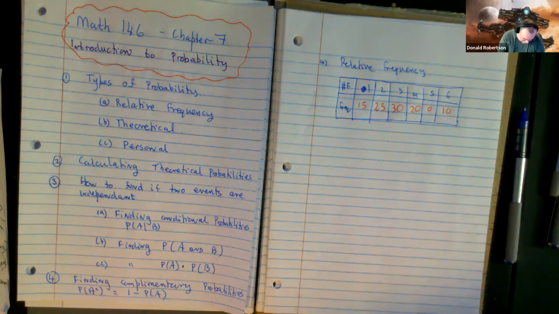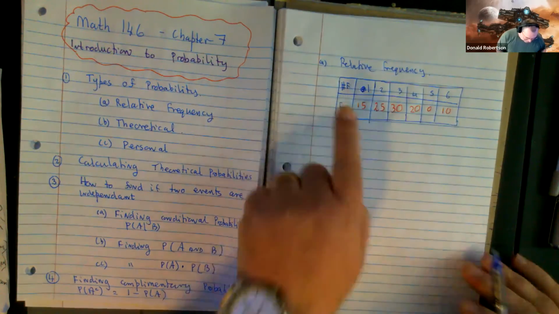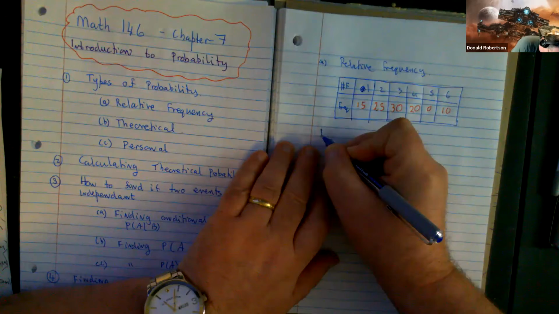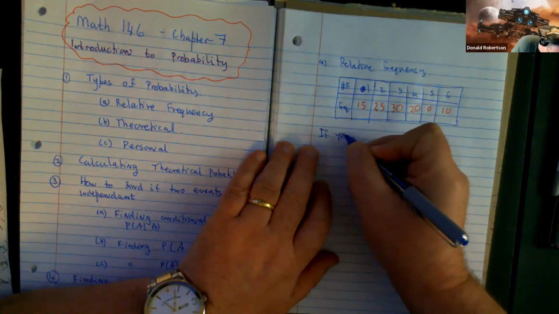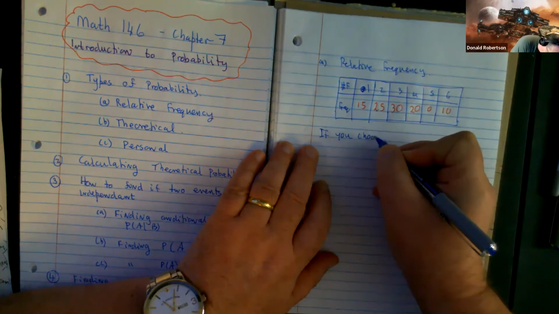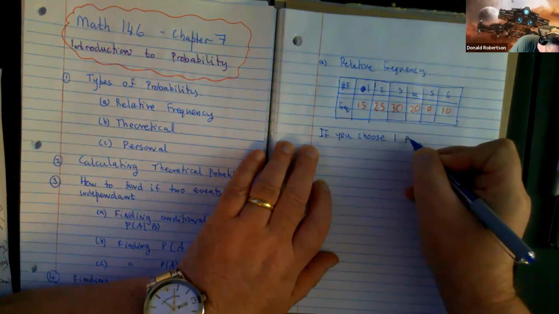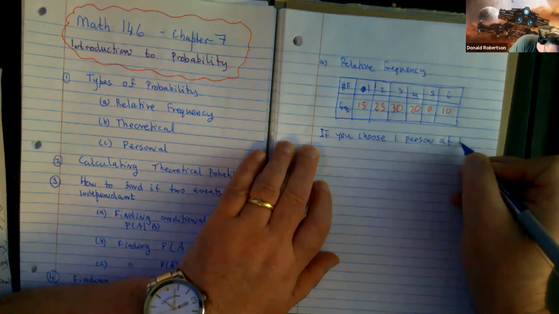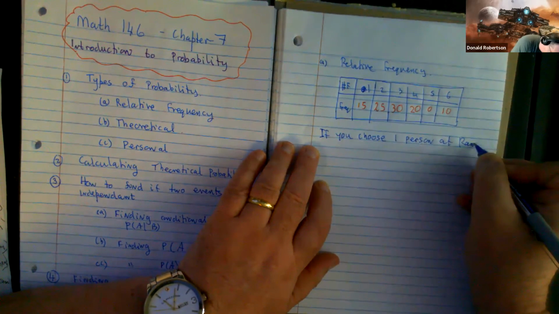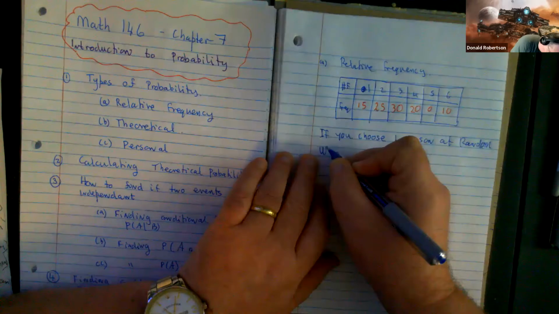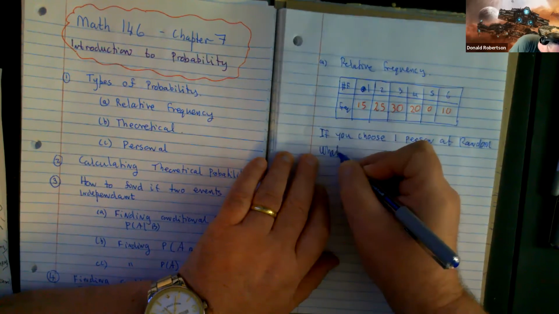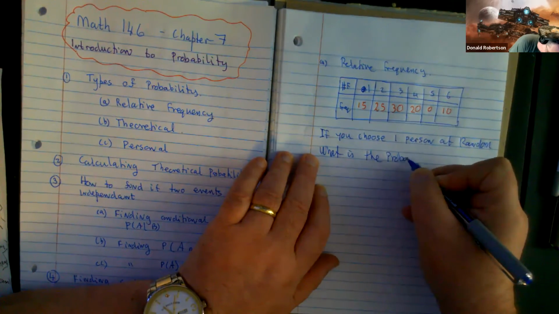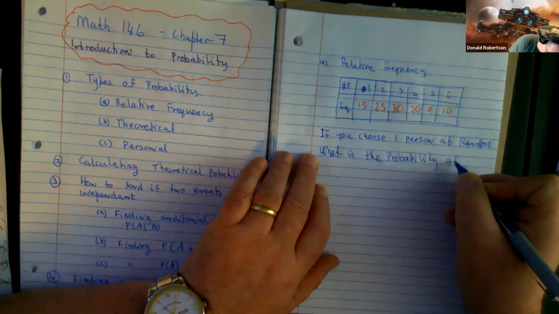And if you wanted to use this to calculate a probability, you might get a question like this. If you choose one person at random, what is the probability of the following events?